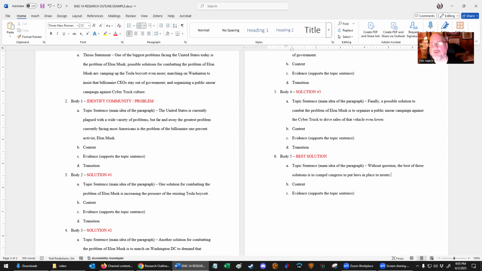To neuter the threat, the existing threat of Elon Musk, and to prevent future Elon Musks from ruining the country with their crazy extremist BS. There. So that is the best solution of these three that I've proposed here.